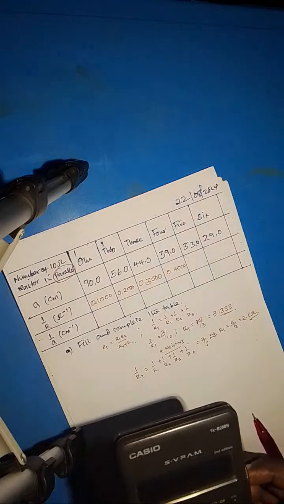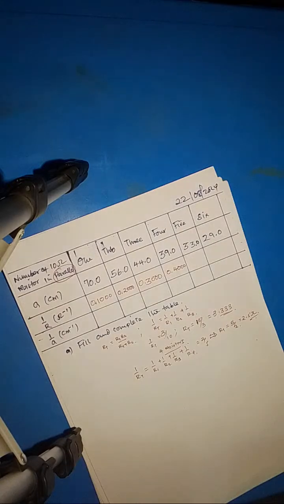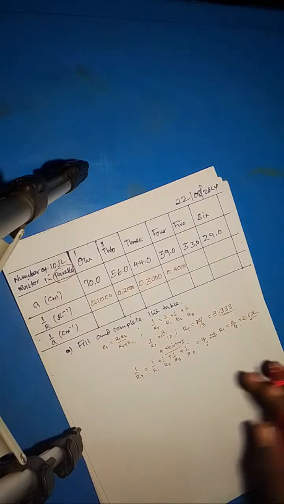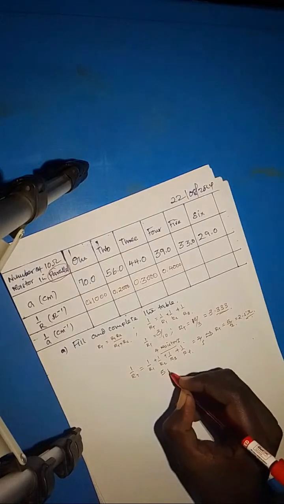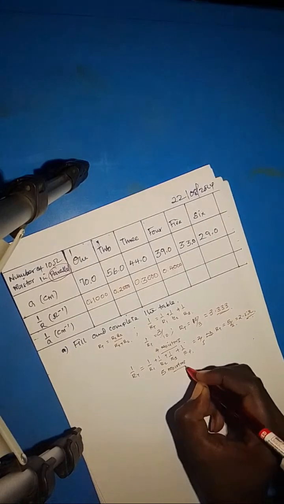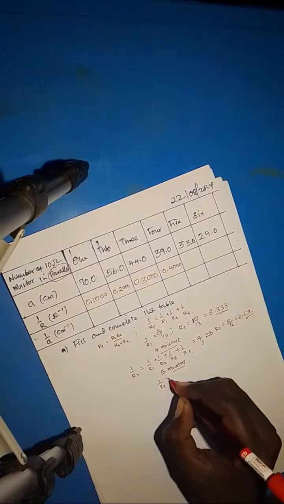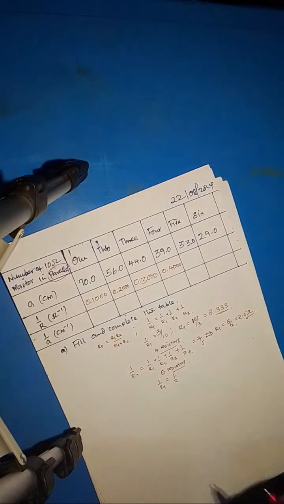And then now, when they are 5, it will be 1 out of 10 plus 1 out of 10 plus 1 out of 10 plus 1 out of 10 plus the last one, 1 out of 10. I'll be getting a half. So when they are 5 resistors, then 1 over RT will be the same as a half.